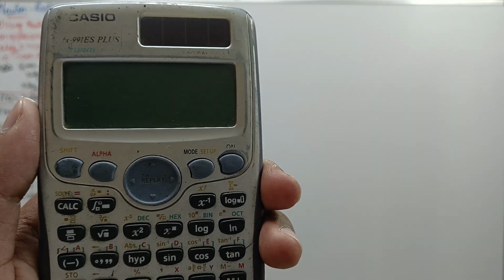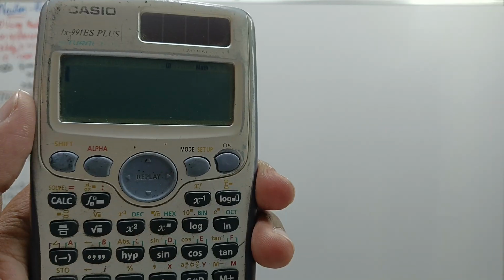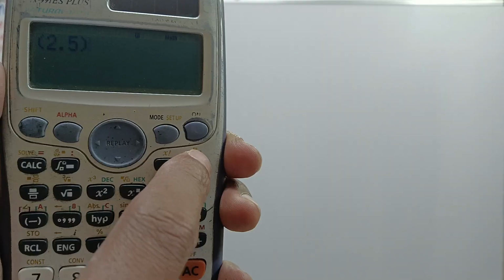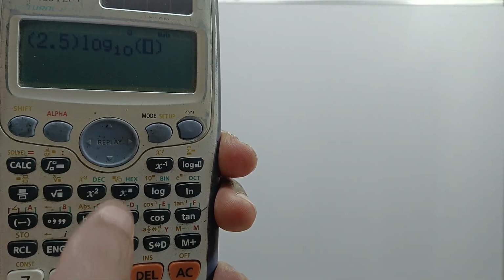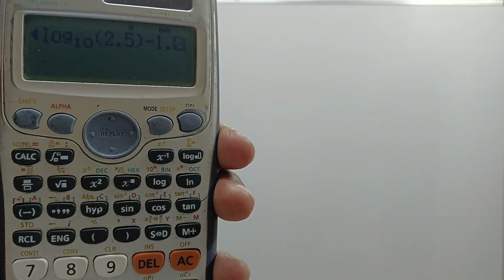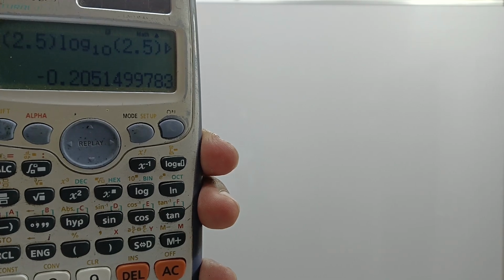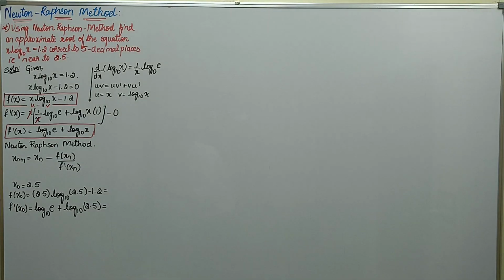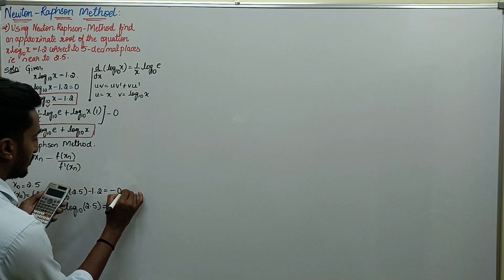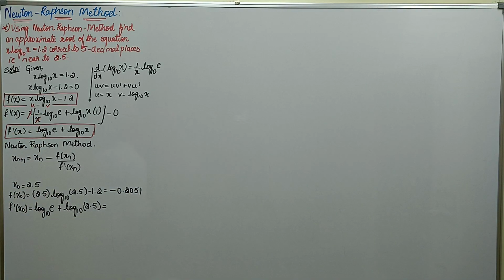Take the calculator first. 2.5 into log base 10 of 2.5 minus 1.2, you get minus 0.2051. Done. Now let us go with the next condition.